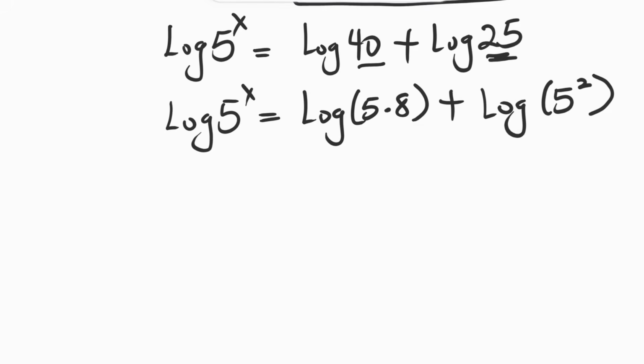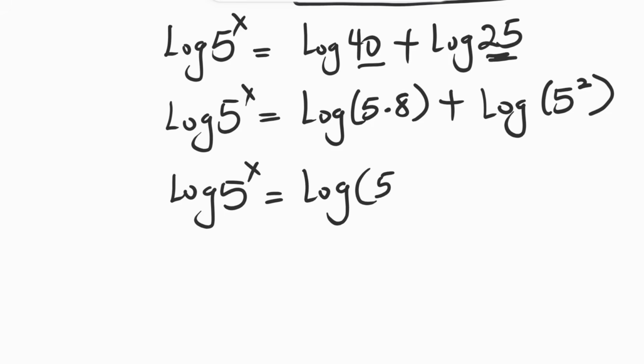Now, so what we have is log of 5 raised to the power x equals log of 5 times 8, which is the same thing as 2 raised to the power 3, plus log of 5 squared.